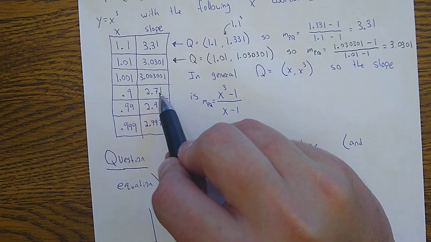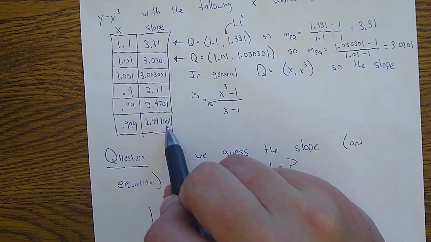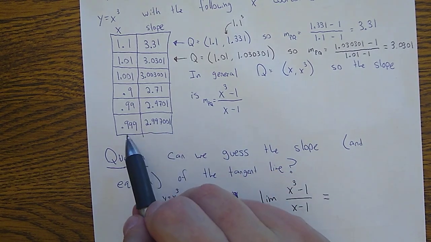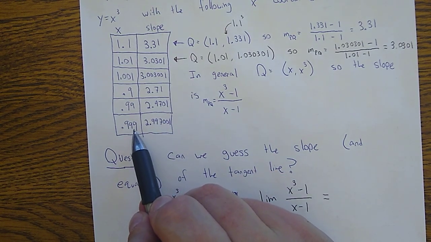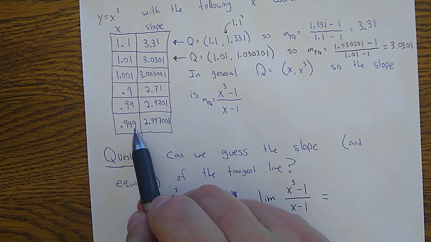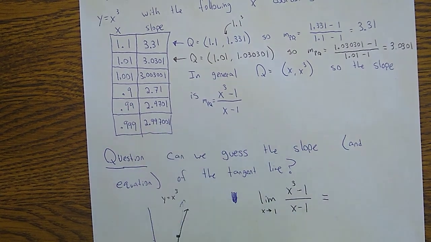Similarly down here, these slopes are smaller than 3, but they're getting closer and closer to 3. Like this one's 2.997. That's very close to 3. And again, if you want to fill out more rows of the table and do like 0.9999, then you'll find a slope that's even closer to 3 than this.